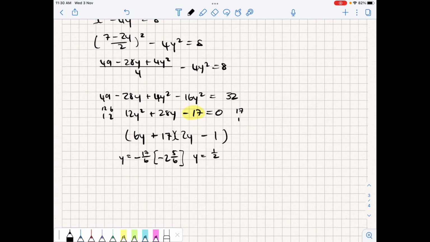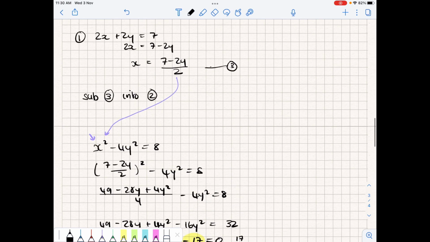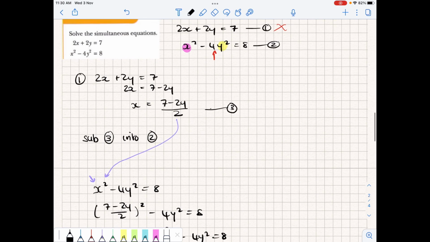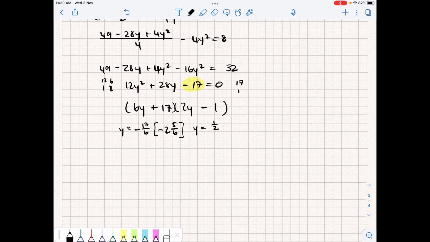Right, from here we're going to substitute into one of our original equations and solve for x. So we can stick it into either equation 3 or equation 1, it doesn't matter, and we'll get x equal to 6 and 1/3, or x equal to 3, and we can write this neatly as a set of coordinates, 3 and a half.